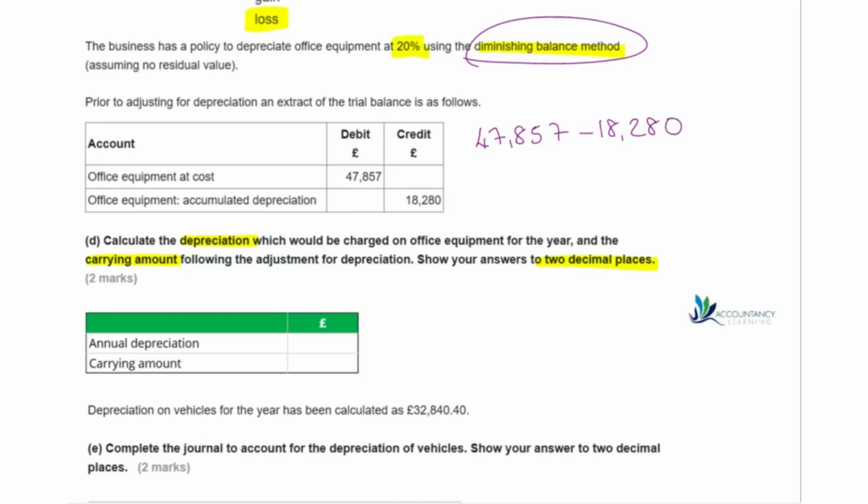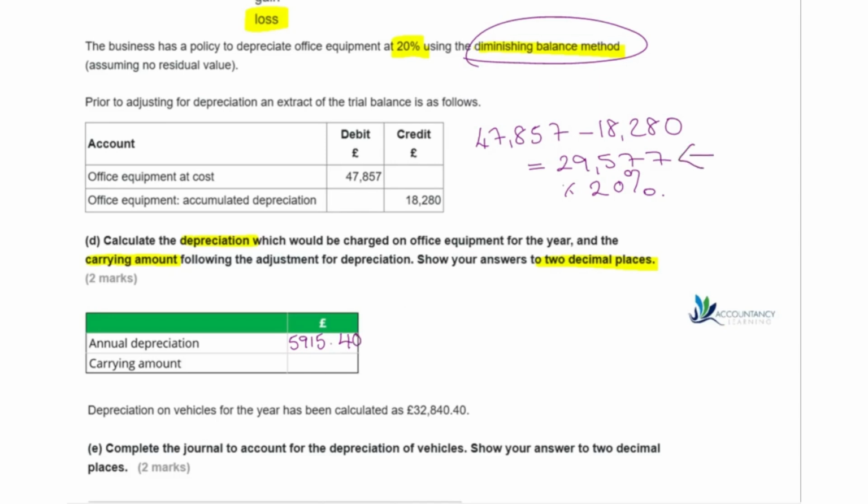So we'll take the accumulated depreciation off of the cost to give us 29,577. Multiply that by the 20%. That now gives us our depreciation value of £5,915.40.